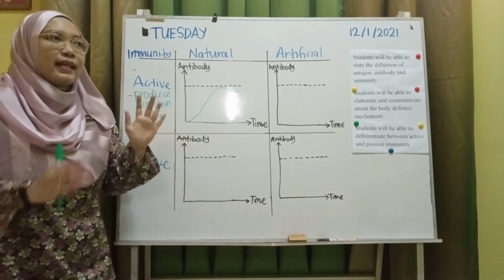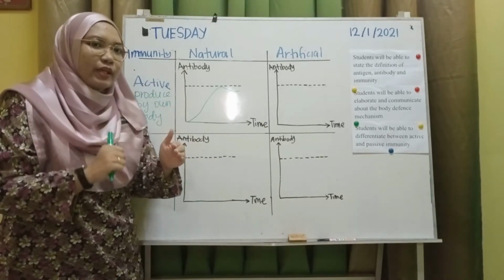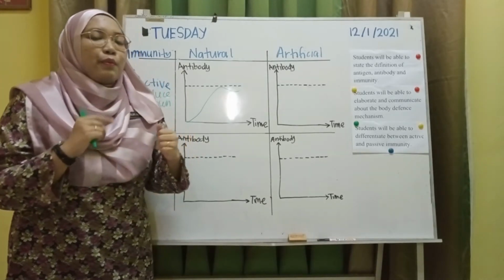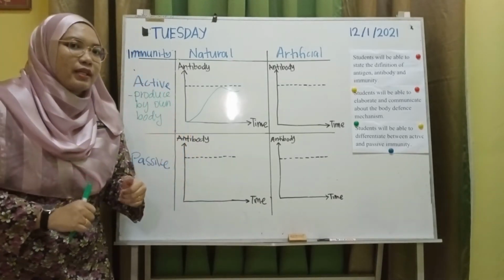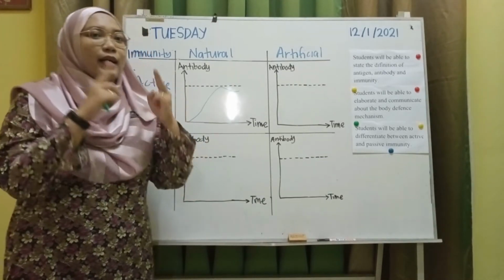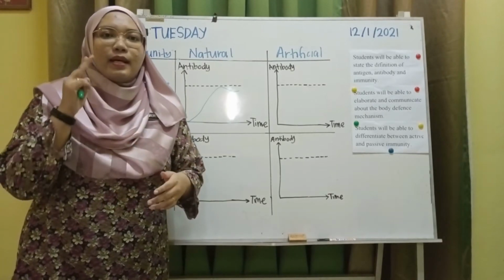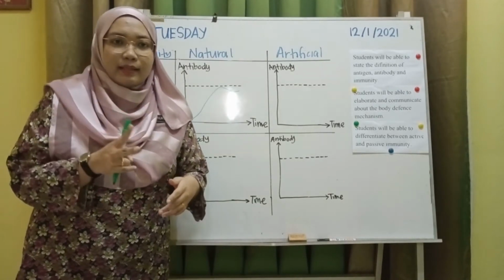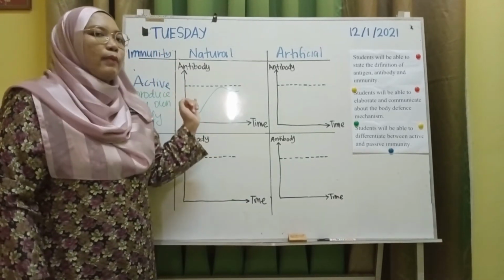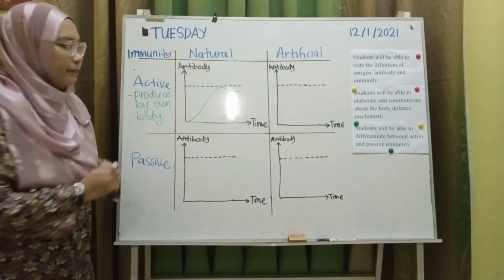But for the second time, you need to remember that along with the production of antibody, our body also produces memory cells, which can store all the information regarding the pathogen and also the antibody. So when we are attacked for the second time by the same pathogen that caused the chickenpox, our antibody will be produced rapidly.